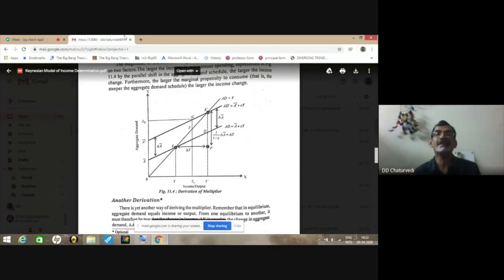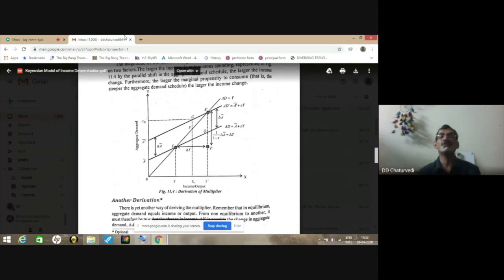MPC is actually giving us the slope of the aggregate demand curve, but the value of the intercept has increased. As I told you earlier also, for any given value of marginal propensity to consume, small c, for every higher value of intercept on the y-axis, A bar, the equilibrium will be attained at a higher level.